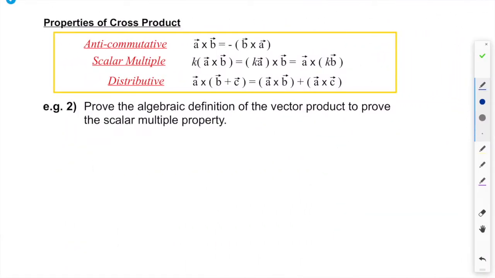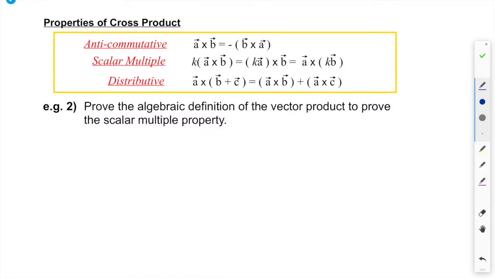All right, so next, let's take a look at some properties of the cross product. We say that cross products are anti-commutative, meaning that A cross B compared to B cross A will have not the same direction, but opposite direction.